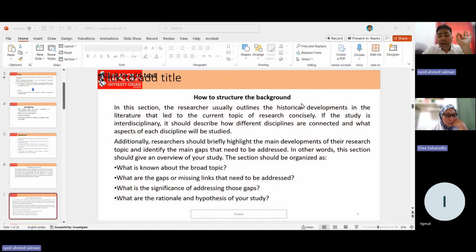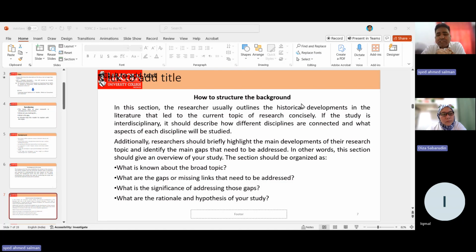What are the rationale and hypothesis of your study? Whenever you are writing the background of the study, there are some hypotheses you have already decided, right? Because you already decided on the usage of social media and the lack of academic performance, right?